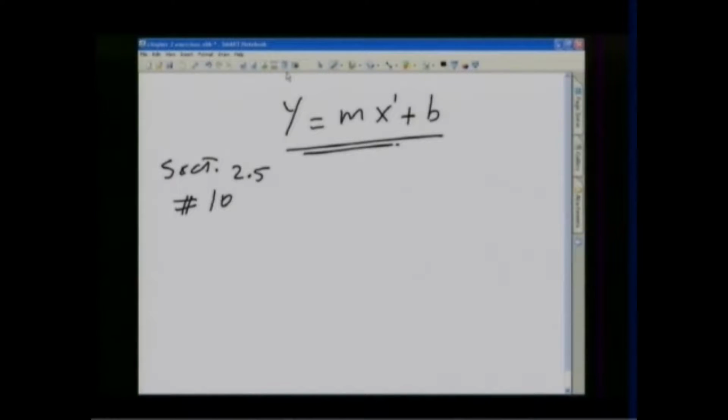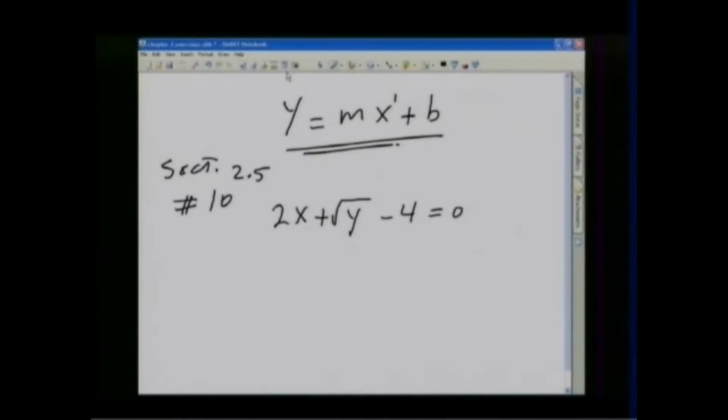You're given the following function, 2x plus square root of, I'm sorry, that's not the square root of x, that's the square root of y, minus 4 equal to 0. And the problem asks you whether this is a linear function.